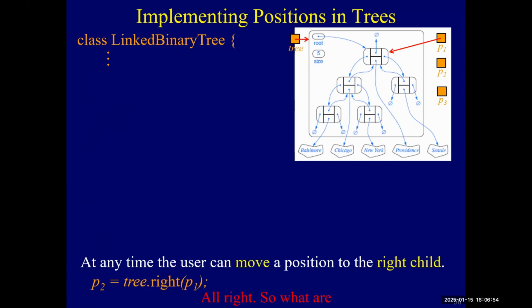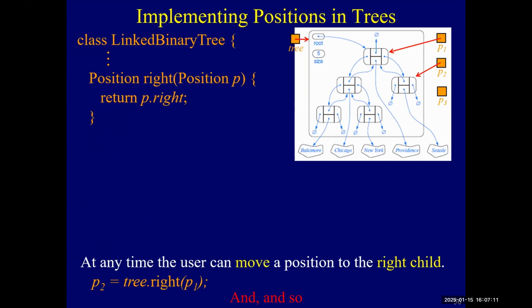All right, so what are some other routines? This routine is: you have a position already, and you want to say, give me the right child of that position. That's sort of walking down the tree. So here we can have this code where you pass it P, which is a position, and then you go from P to P dot right and return the position on the right.